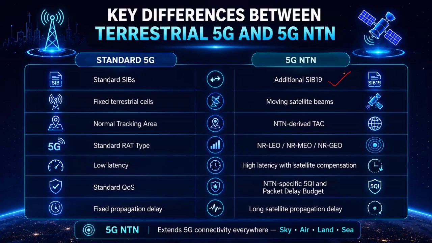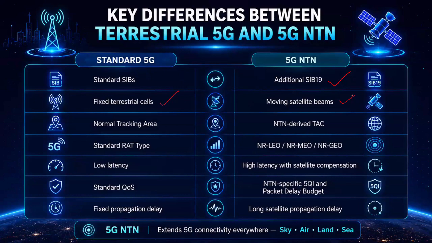After that, in case of TN we have fixed terrestrial cells, but in NTN we have moving satellite beams. In short, instead of users moving between fixed cells, the satellite beams themselves move over stationary users. So this makes mobility management very dynamic, but also complex. We'll discuss mobility in detail in the next few slides.